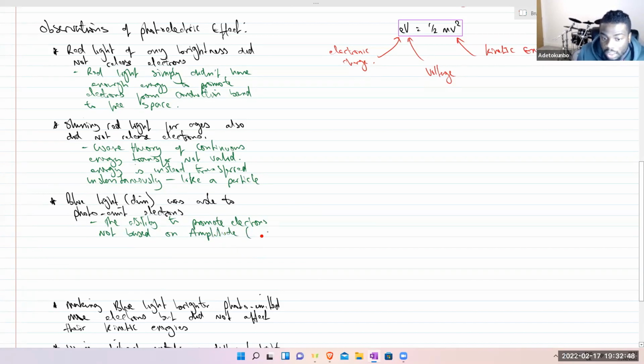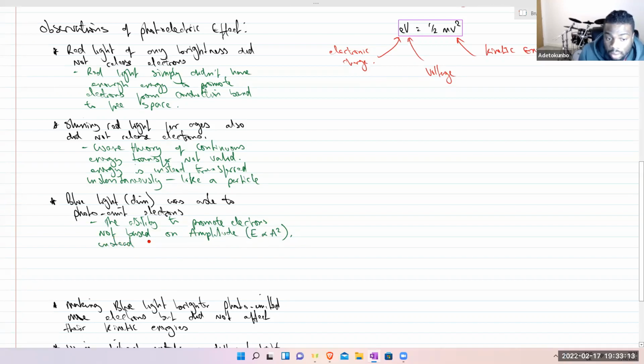Do you remember that expression that I wrote last week, where you have E being proportional to the amplitude squared? Do you remember that? Yeah. That's not valid here anymore. The energy that the light is carrying is not due to how bright it is. So the ability to promote electrons is not based on amplitude.